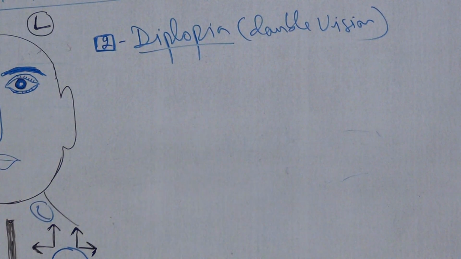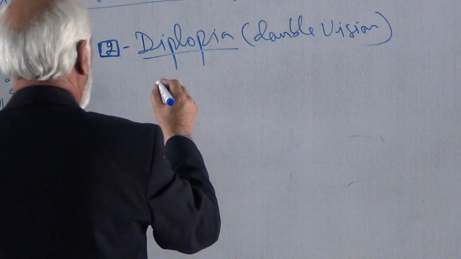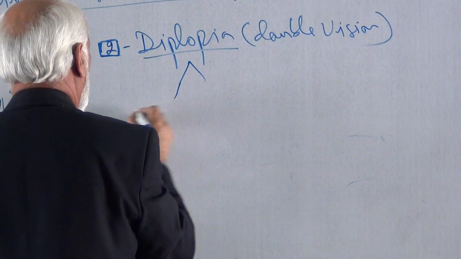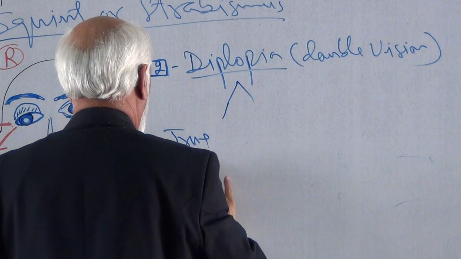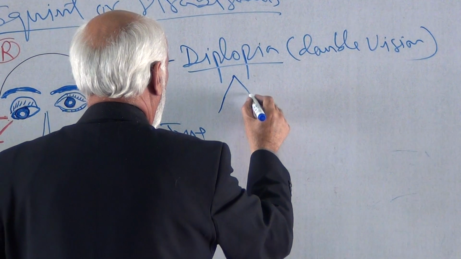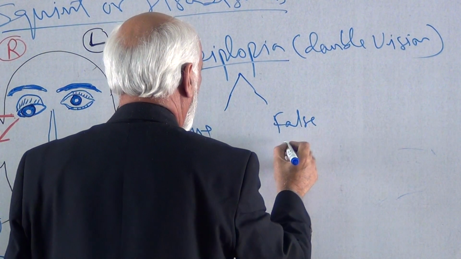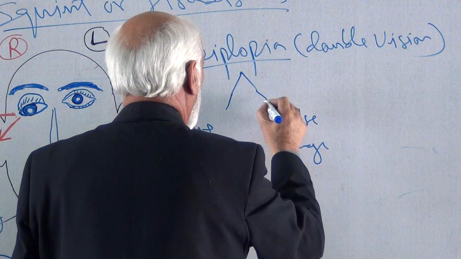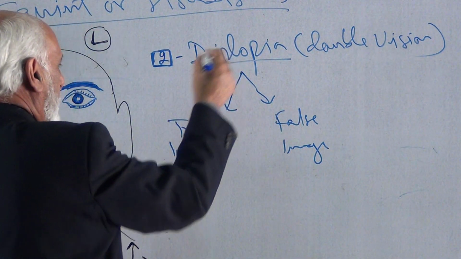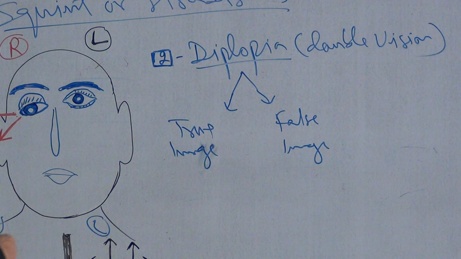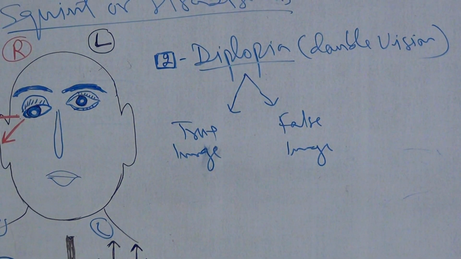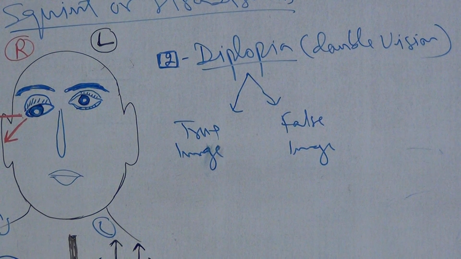So two images will be formed, a true image and a false image. The true image is because of the normal side eyeball, and the false image is because of the paralyzed side. This will result in double vision known as diplopia.